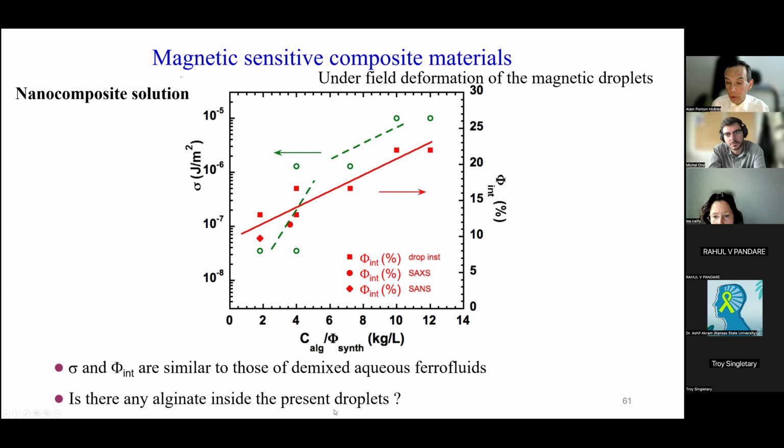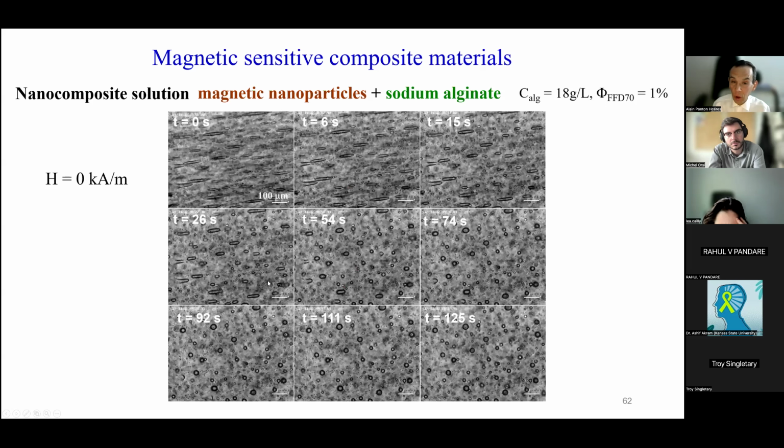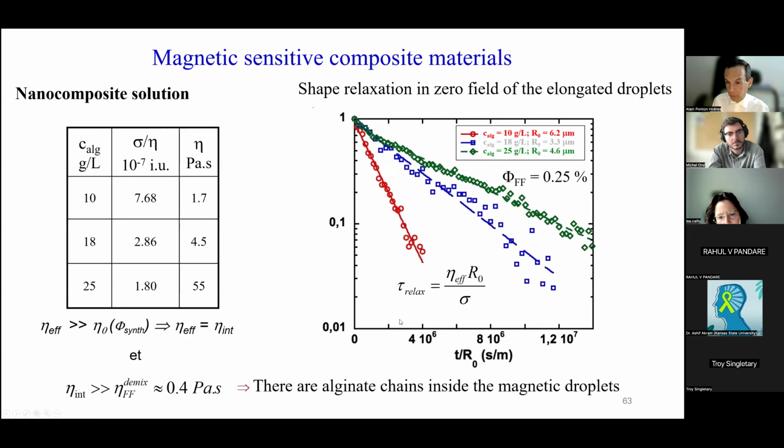To answer this question, we study the relaxation. So we switch off the magnetic field and we observe a relaxation of droplets coming back to their initial spherical shape. And this relaxation is mono-exponential. So we can deduce this relaxation time from the fitting of deformation of droplet under magnetic field.